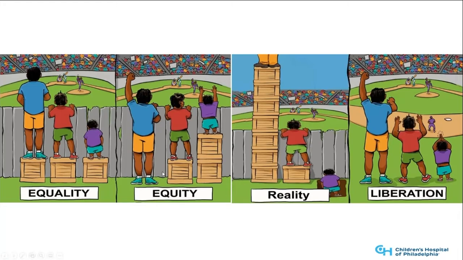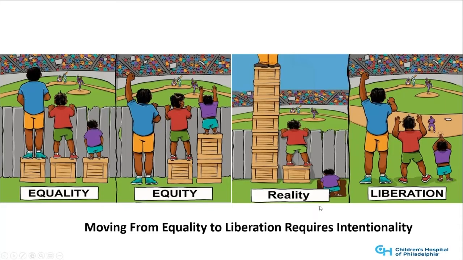When you try to achieve equity, you give folks what they need to see over the fence and to begin to access the resources they need to be as healthy as possible. Unfortunately, the reality is that we have people with privileges, and lots of them, and then we have people who are really just in a hole, who have not even reached level ground. And our goal is to really go towards liberation. In order to do that, we have to have intentionality.